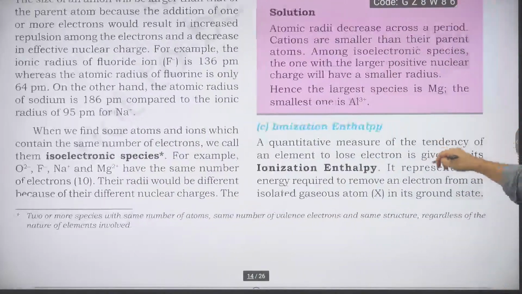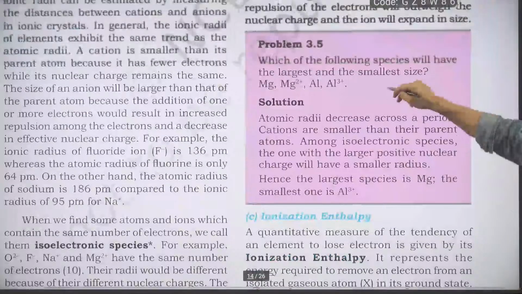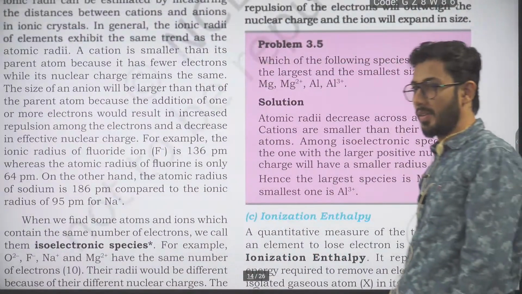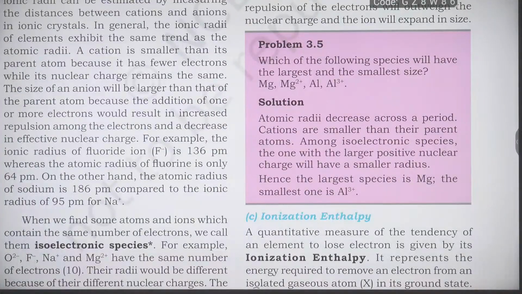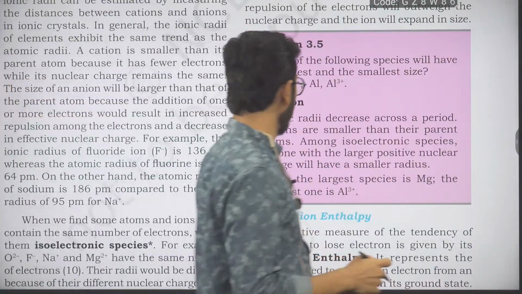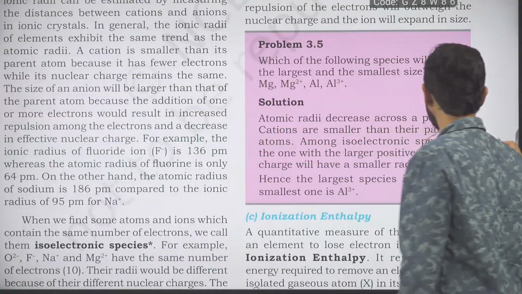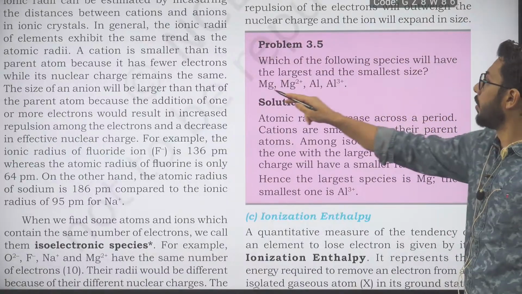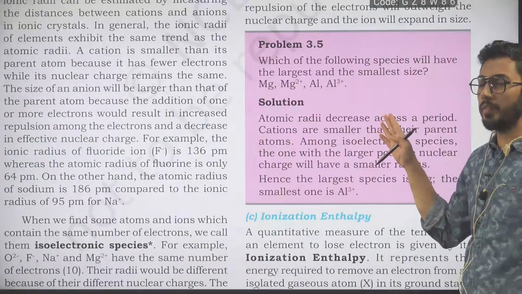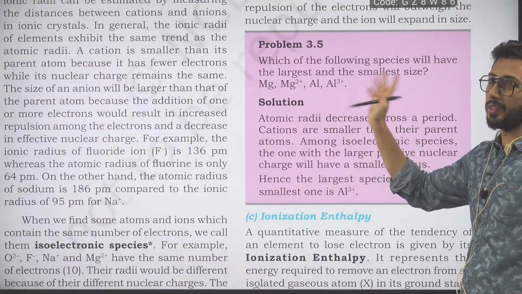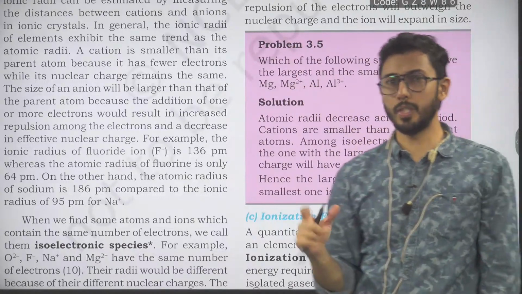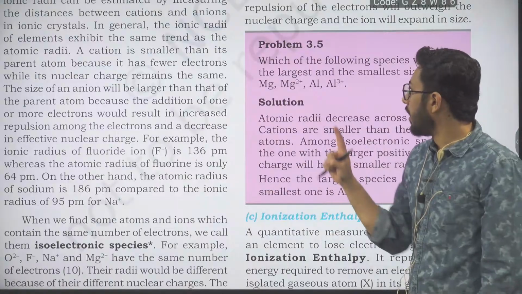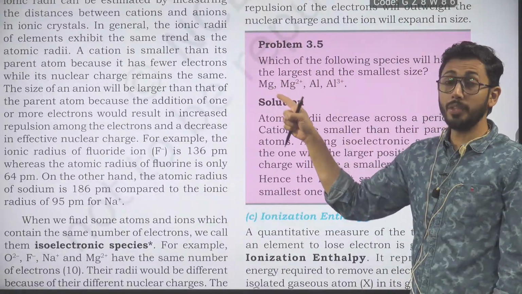This is the question given here. Among them, we know neutral definitely will be more than the ions here, plus charge, because they are not from a different period, they are from the same period. Between magnesium and aluminium, we use which trend?